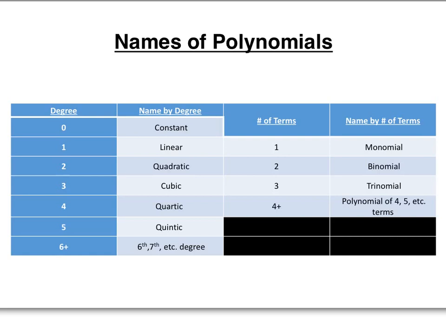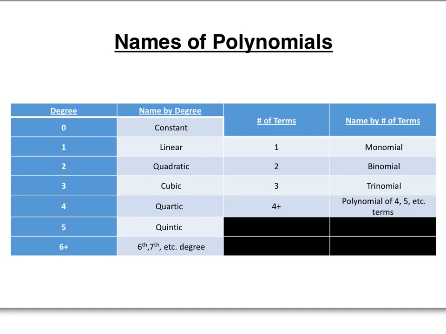To help us talk about polynomials, especially some more common ones, a lot of times we name them by their degree and by their number of terms. A lot of these terms should look familiar based on what you know about words and based on what you know about some of the functions you've already studied.